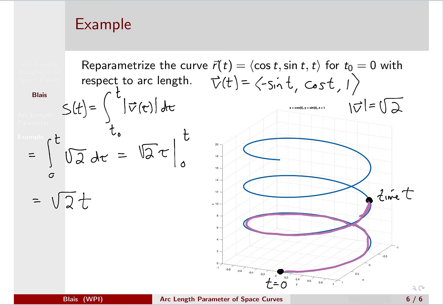And note we were asked to reparameterize this curve in terms of arc length. So this says that our arc length, s, is equal to root 2 times t, which means t is s over root 2, or root 2 s over 2. Which means we can now reparameterize by substituting t in here.